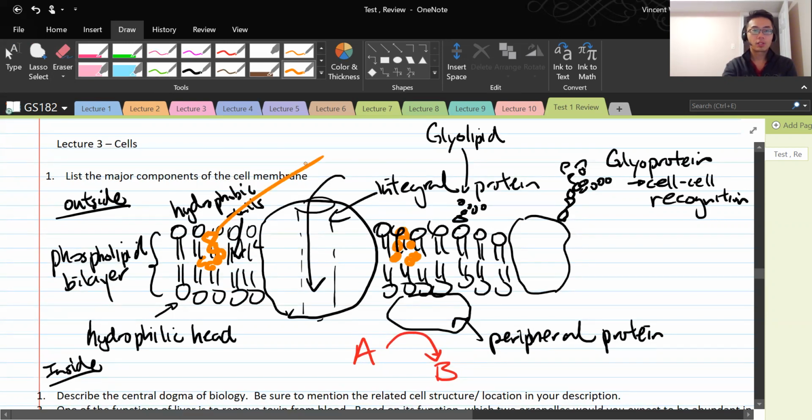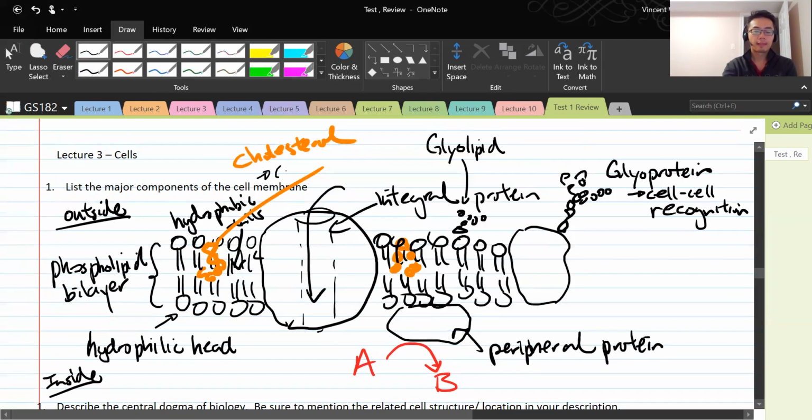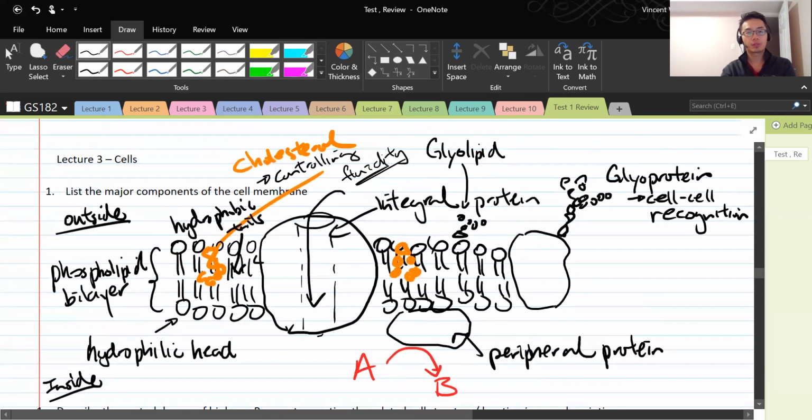These orange things are the cholesterol. Remember, cholesterol is important for controlling fluidity. Too much cholesterol, it'll be very leaky. Too little, it'll be very rigid. You need just the right amount.